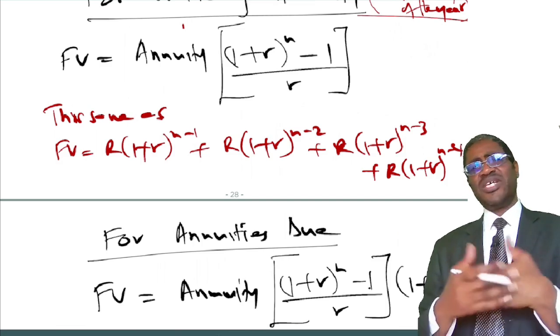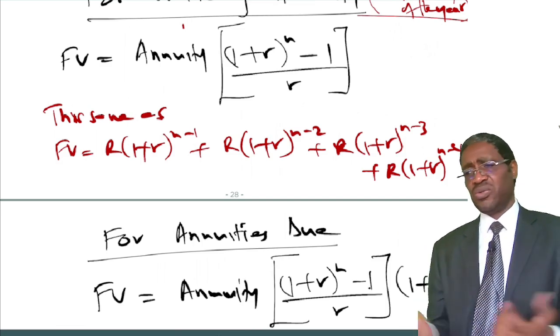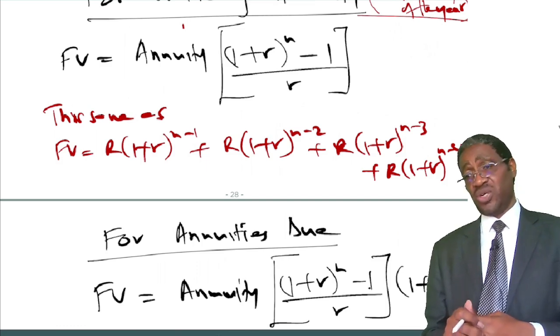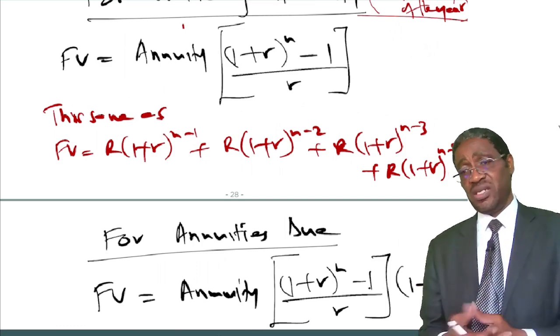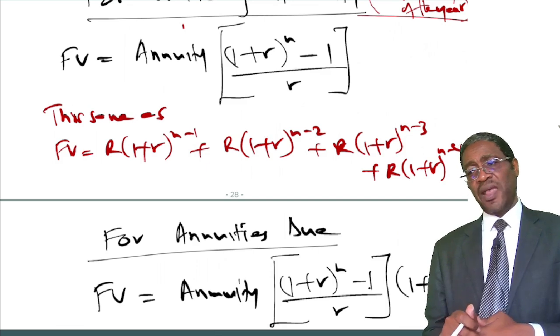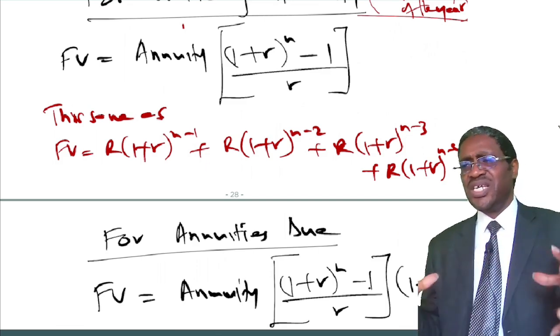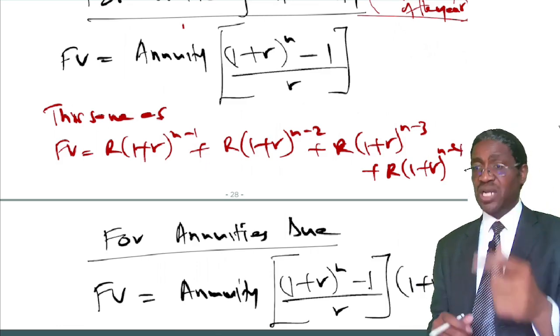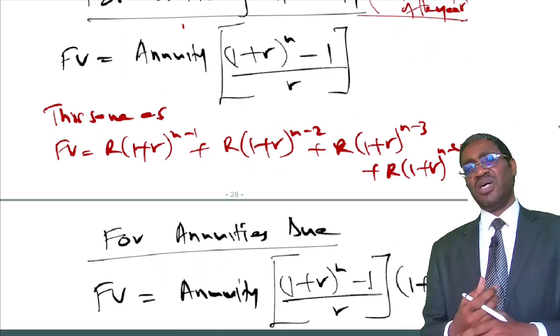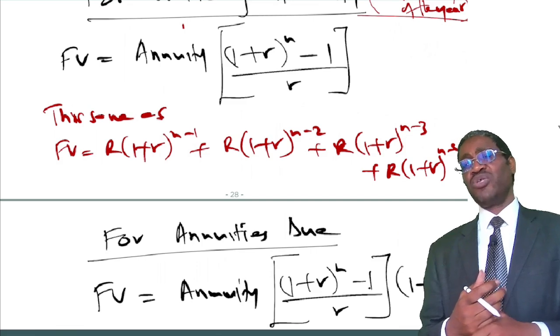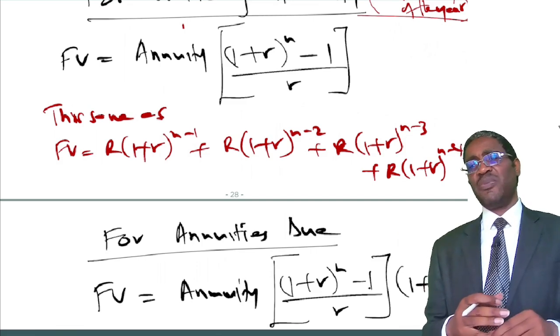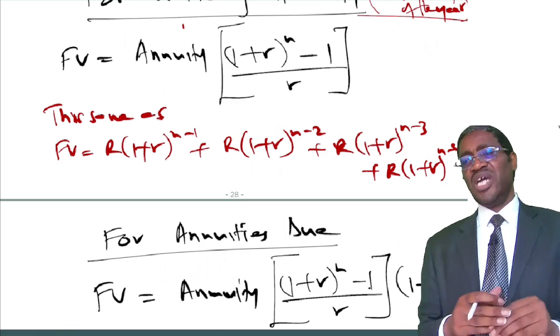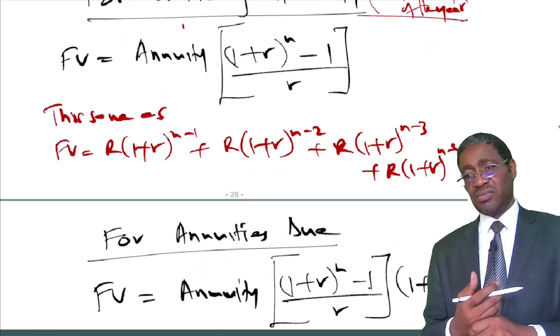You will normally use the same formula for present value or future value, 1 plus r to the power of n. But when it's 10 years, 20 years, and so on, that becomes our problem. So you have to remember the future value formula for annuity, which is 1 plus r to the power of n minus 1, everything divided by r.